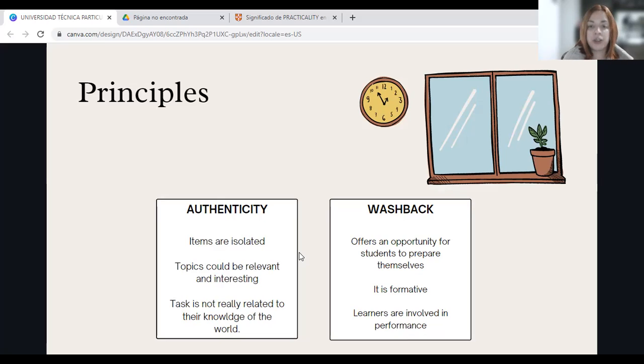And as for washback, it offers students an opportunity to prepare themselves, for example, to argue, to discuss concepts, to defend their opinion. It is formative. It is definitely formative. It does not need to be summative. And learners are involved in performance because they have to speak, they have to argue, as I said.